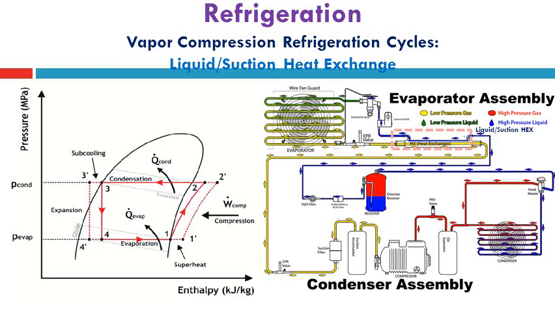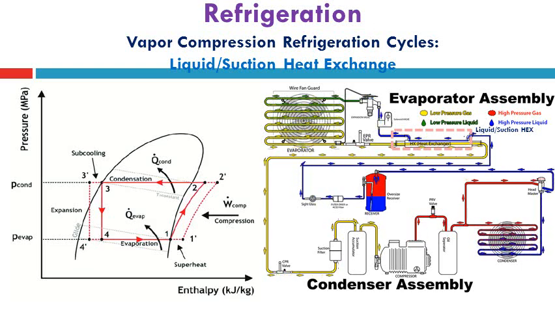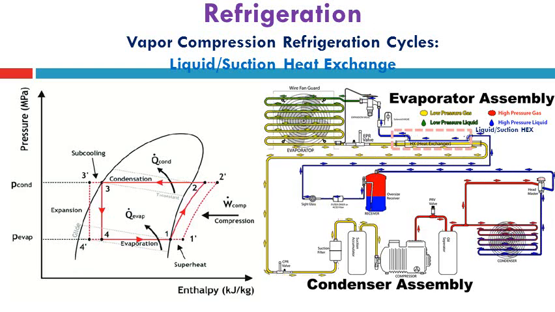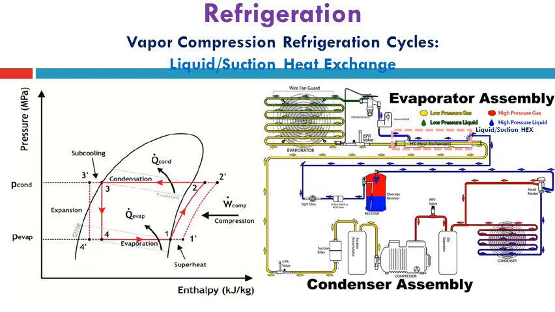Especially, we will highlight in this slide the liquid suction heat exchanger, which is located just upstream of the evaporator, between the liquid line before entering the expansion valve and the suction line after going out from the evaporator.